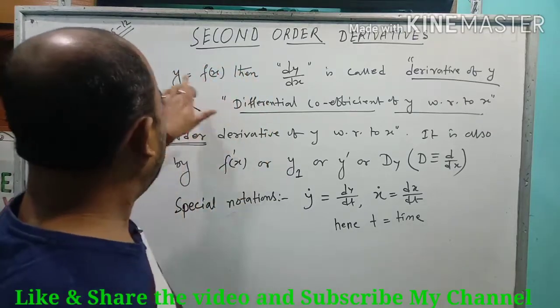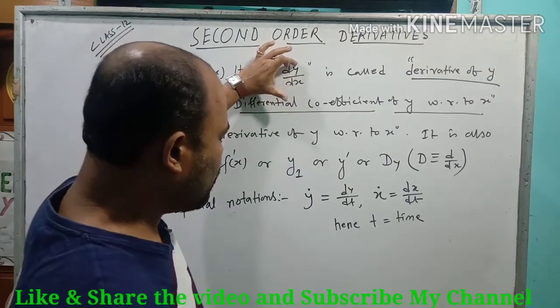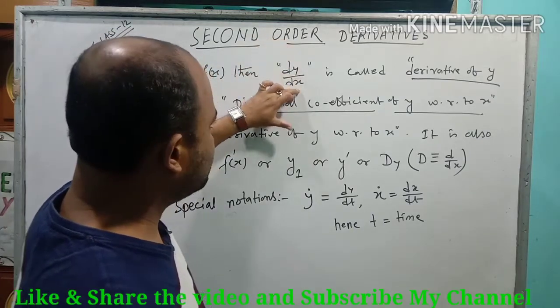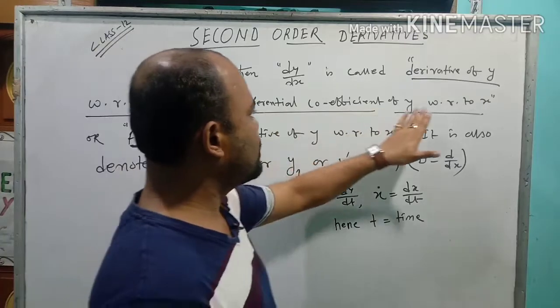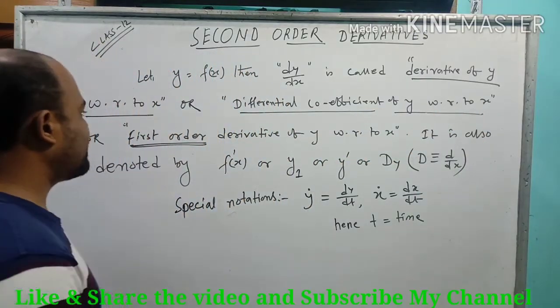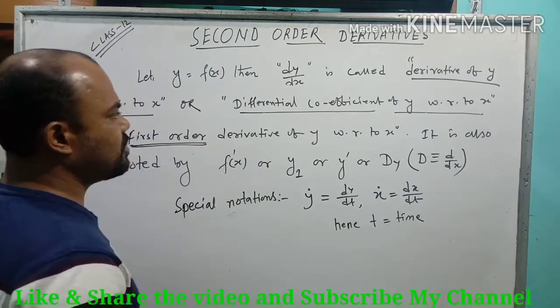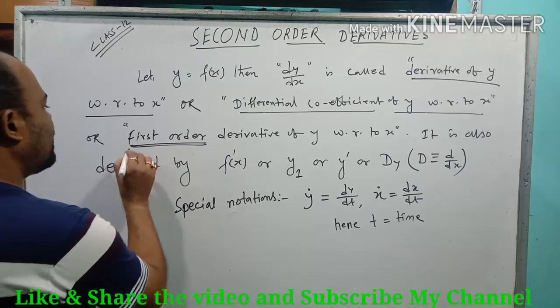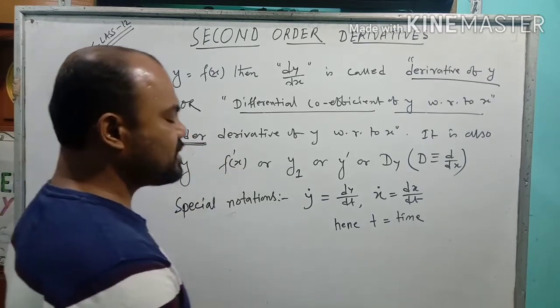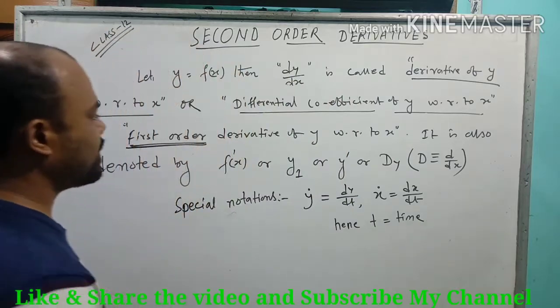Say if y is a function of t, then it will be dy by dt, that is derivative of y with respect to t, whatever the independent variable is. It is called the first order derivative. First order means only once, that is one time derivative of y.